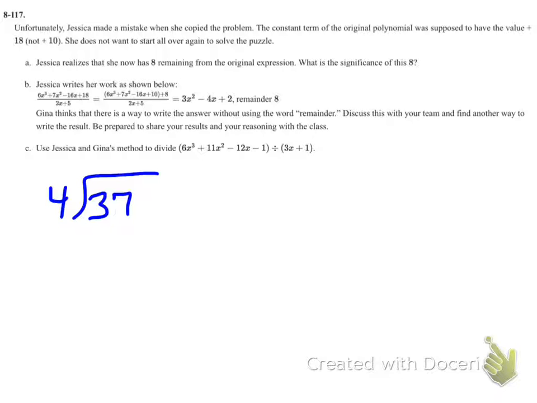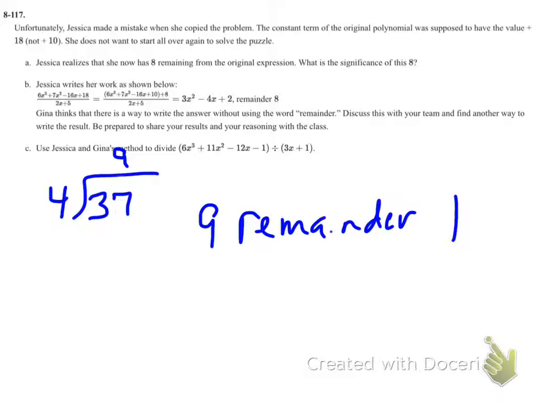That does not divide evenly. So instead, we have a 9, but we have 1 left over. So that would be 9 remainder 1. But we don't write it like that.